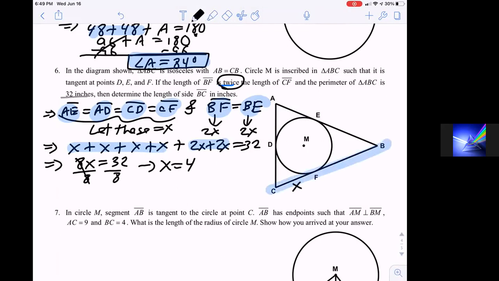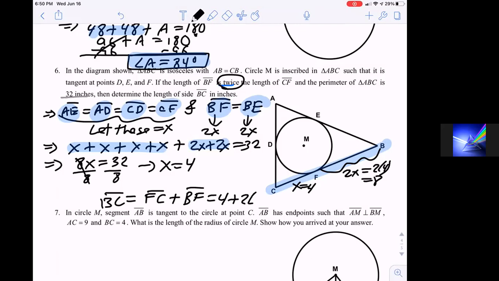So if x is 4 and BF is twice that, or 2x, that would be 2 times 4, this would be 8. So BC, side BC, is side FC plus BF. So it would be 4 plus 2 times 4, or a total of 12 inches.